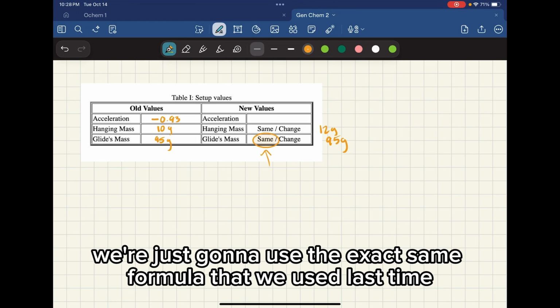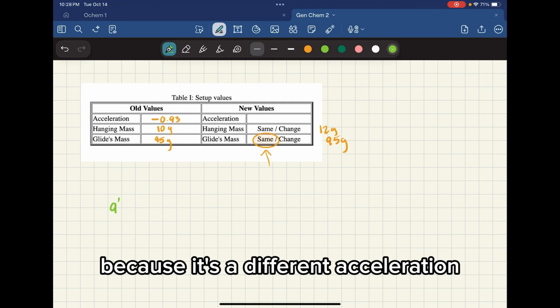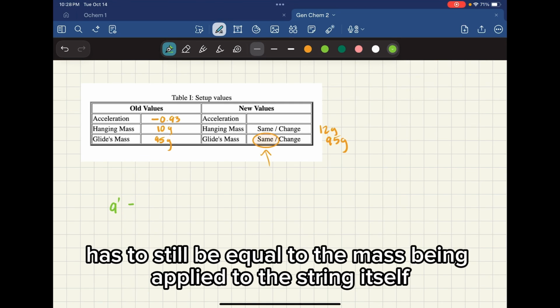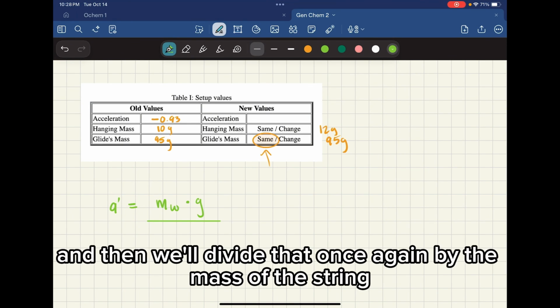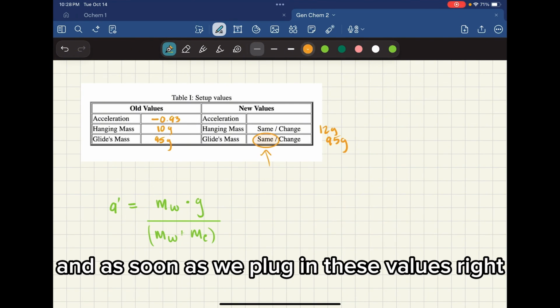Once again, we're going to use the exact same formula, where the A prime value, because it's the new acceleration, has to still be equal to the mass being applied to the string times gravity, which will be negative, divided by the mass on the string plus the mass of the cart, our little boat.